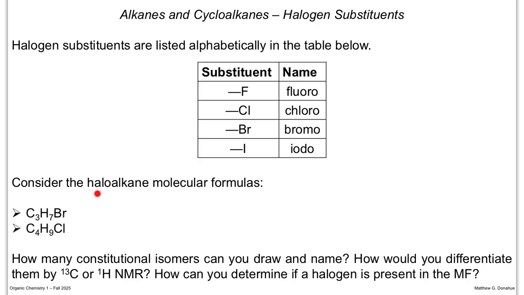And I want to introduce the exercise by looking at some molecular formulas. We'll start with a 3 and a 4 carbon count where we've substituted an H for some halogen. To make this a little more streamlined, both of these formulas have no degrees of unsaturation.